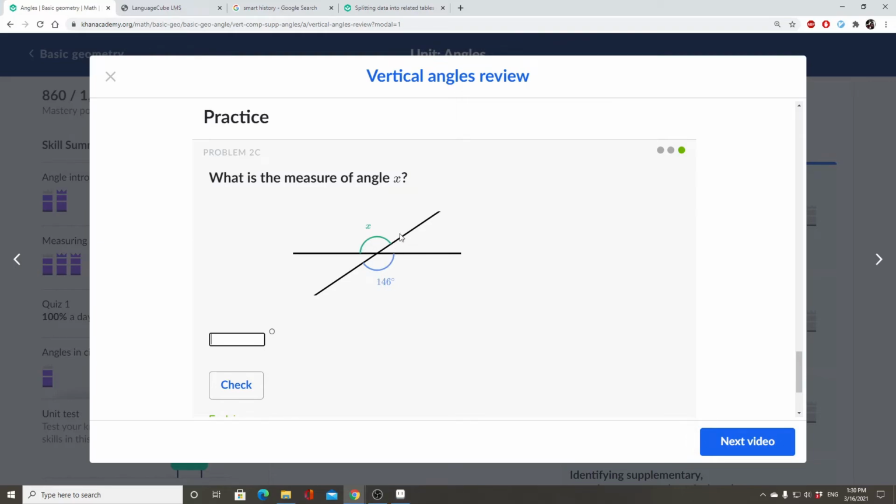Immediately I can tell that these are the same angles, but I kind of want to do the math. So that's 146, 180 minus 146. Well, it's 80 minus 46. 80 minus 46 would be 34, right?